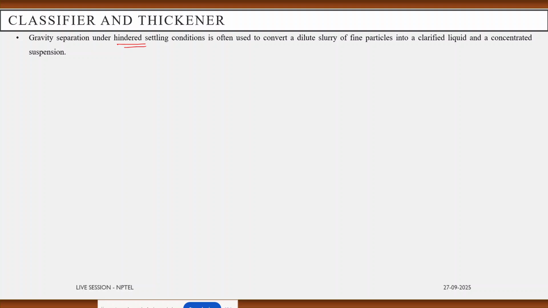So mostly hindered settling occurs. It is often used to convert the dilute slurry of fine particles into clarified liquid and a concentrated suspension. This process is carried out in large open tanks called thickeners, and clarifiers discharged as a waste.